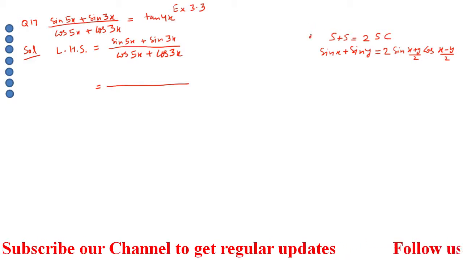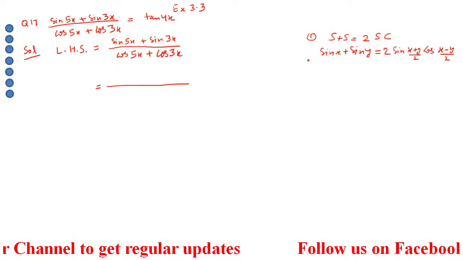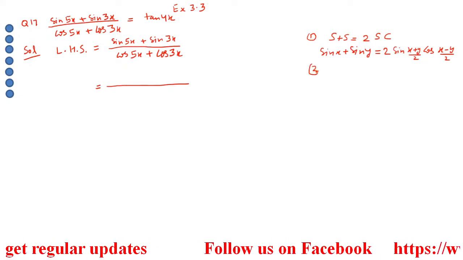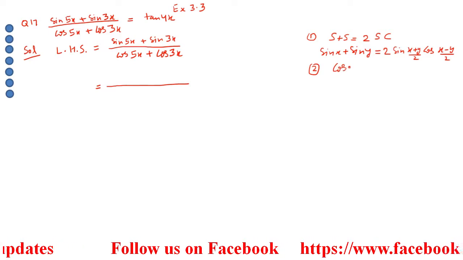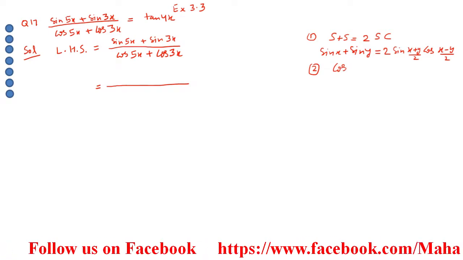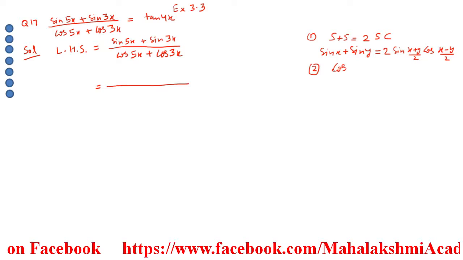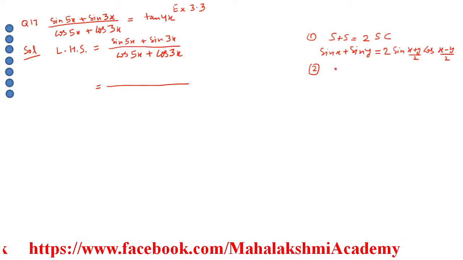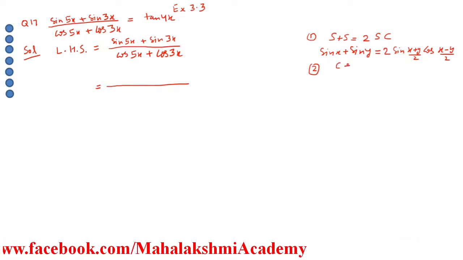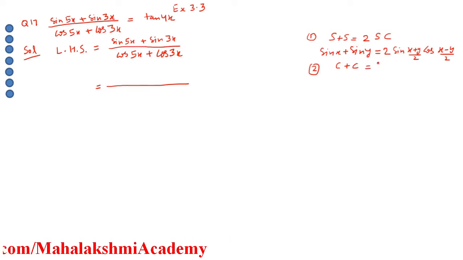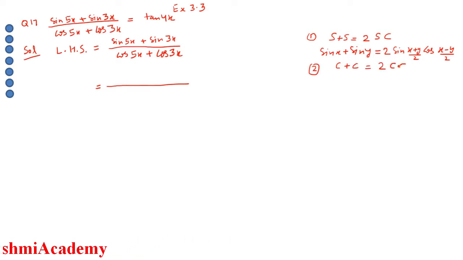So this is the first formula which we need in the numerator, and in denominator we need the formula of cos. The short form of formula is c plus c is equal to 2cc.